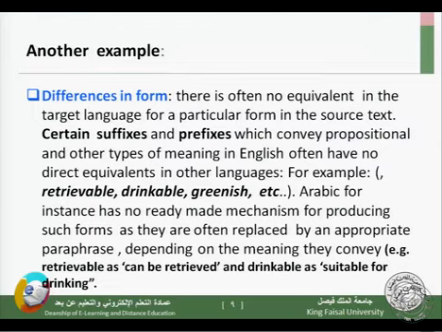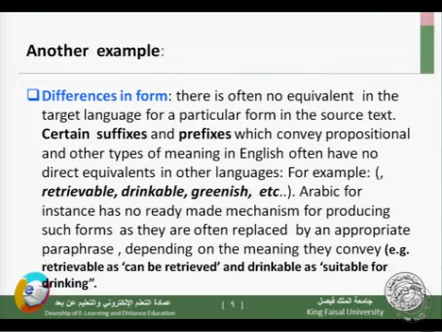A third example, differences in form. There is often no equivalent in the target language for a particular form in the source text. Certain suffixes and prefixes convey different types of meaning in English, and they don't have a direct equivalent in other languages.